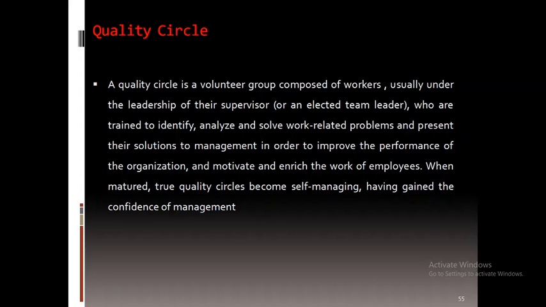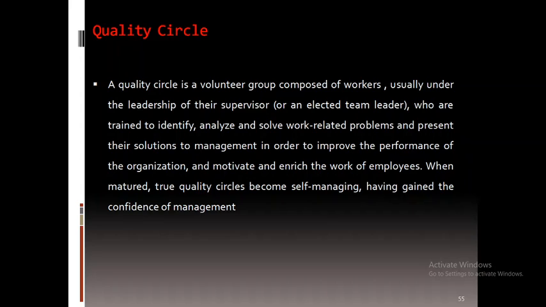Apart from this, the circle will not address the issue of pay or disciplinary matters. So these are the limitations of quality circles.